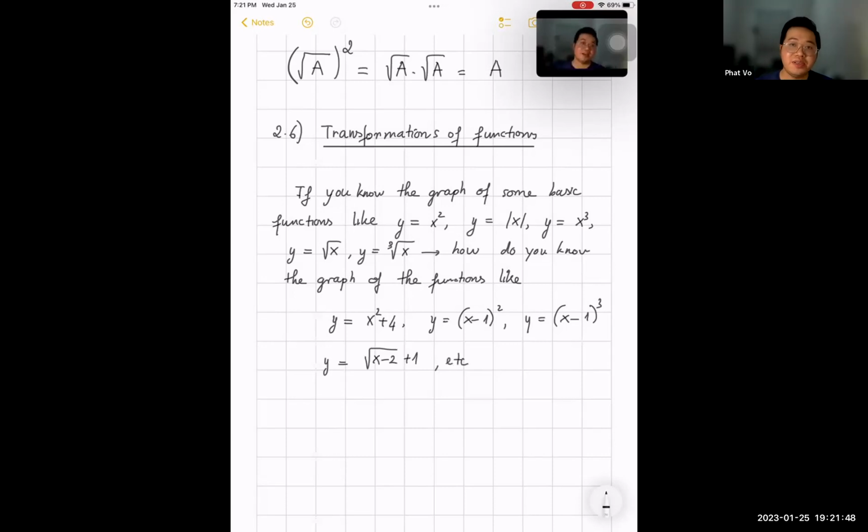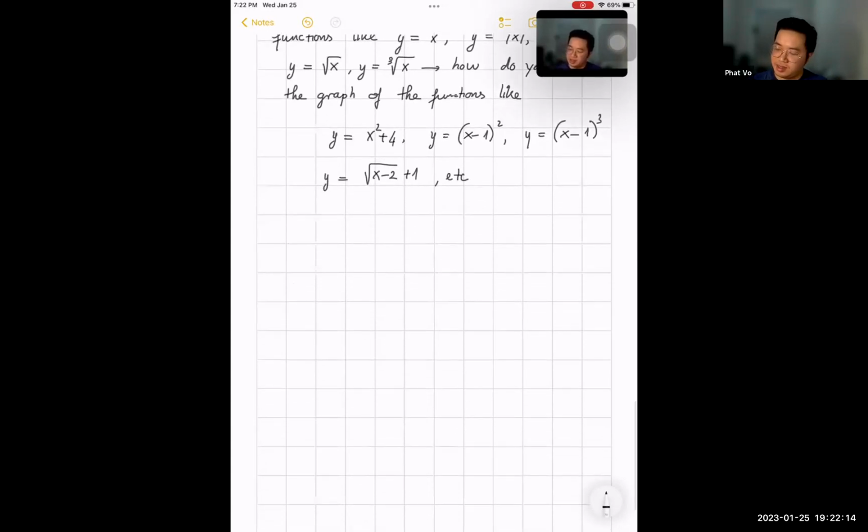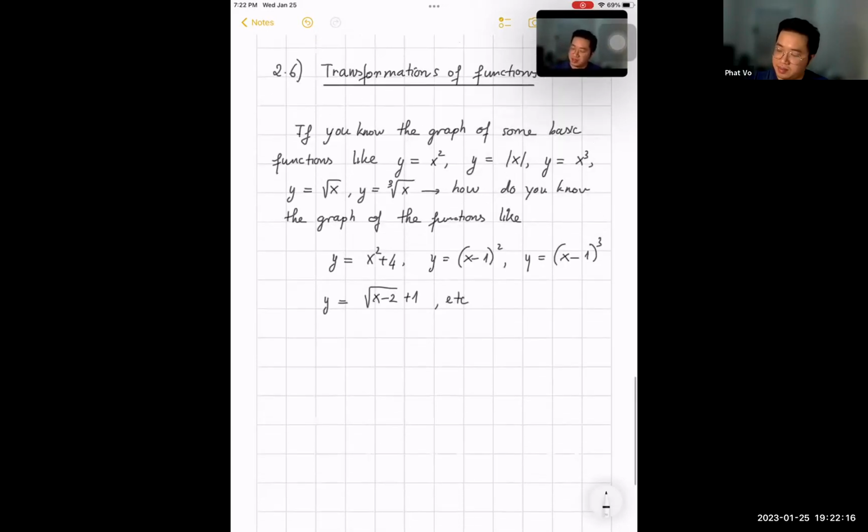If you know the graph of some basic function, how do you know the graph of a function like x squared plus 4? So that is the motivation for the lesson today. We will learn how to graph these kinds of functions if we know just the basic functions.